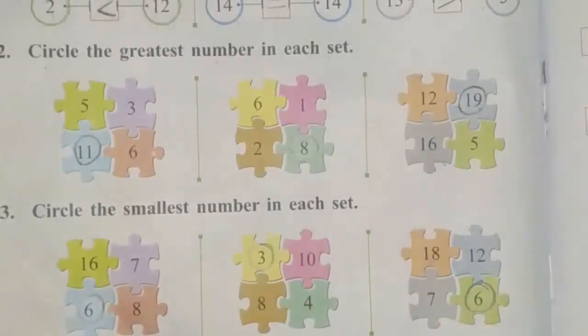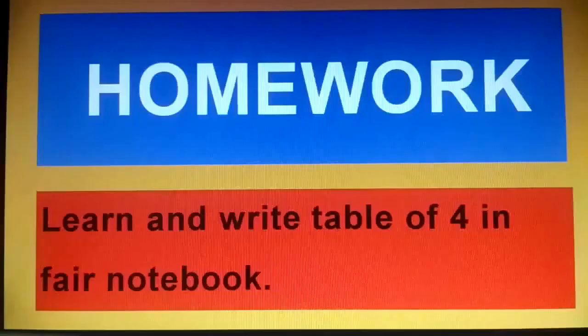So students, we have also done the book exercise. Now students, it's time to take homework, and your homework is learn and write table of 4 in fair notebook. You have to learn as well as write the table of 4 in your fair notebook.